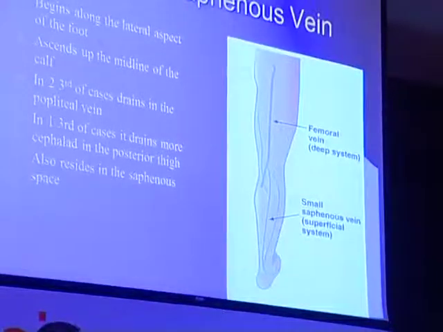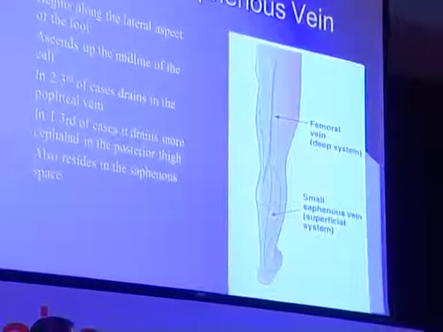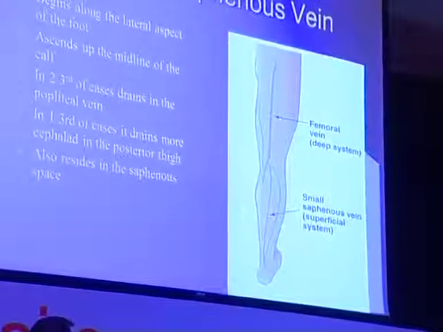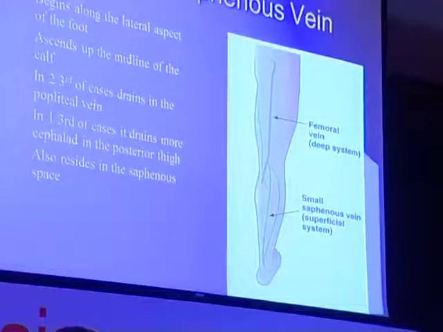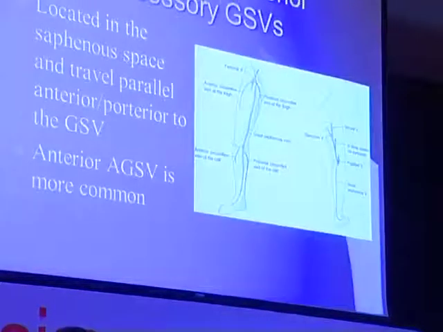The small saphenous vein starts along the lateral malleolus, goes a little lateral and then rather more midline in the back of the leg and dips into the popliteal vein in 2/3 of the cases. Sometimes it continues cephalad and finds its way into the deep system posteriorly.